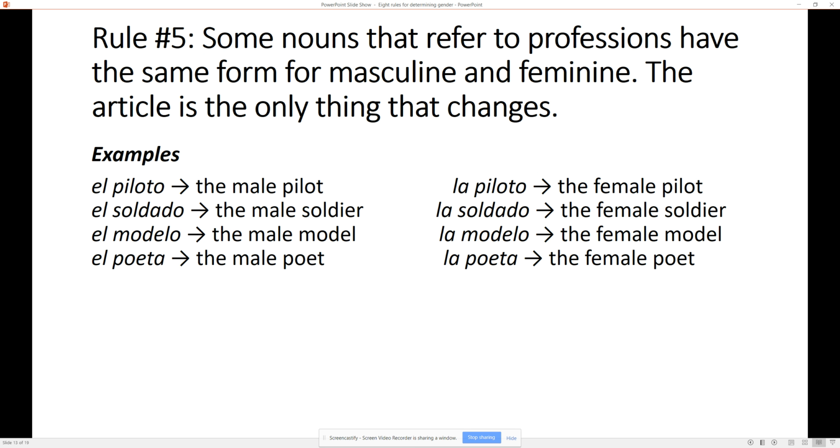Rule number five is some professions, such as pilot, soldier, model, and poet, are going to not change their endings from O to A or vice versa. What we're going to change is the article. I don't know why we do this, but it's unfortunately the way it is.